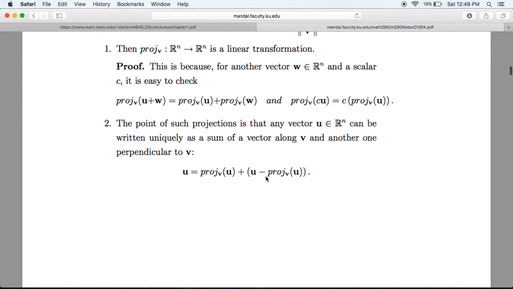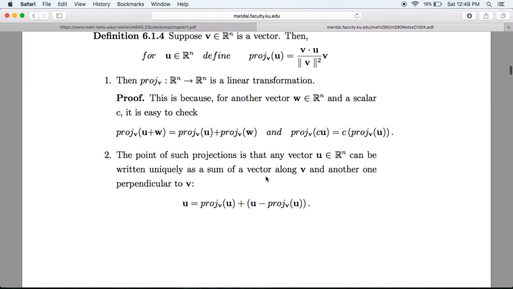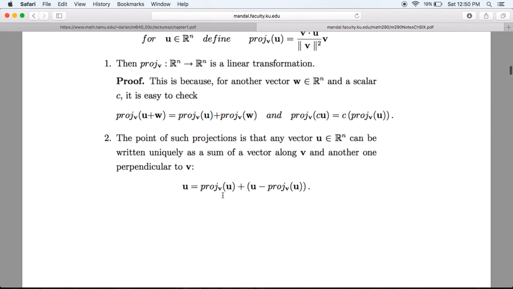This idea of projection is important because using projection we can write any vector u as a sum of a vector along v and another vector which is perpendicular to v. In this way, u can be written as projection of u along v and projection of u along a perpendicular direction of v.